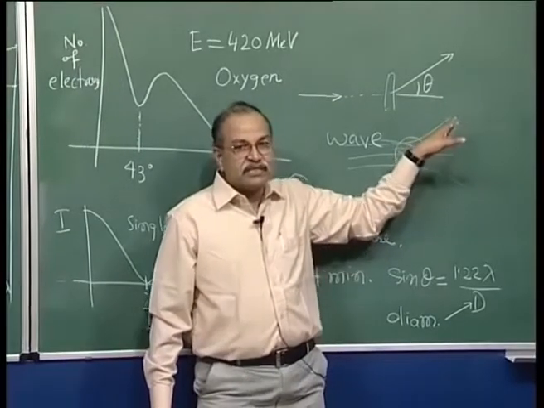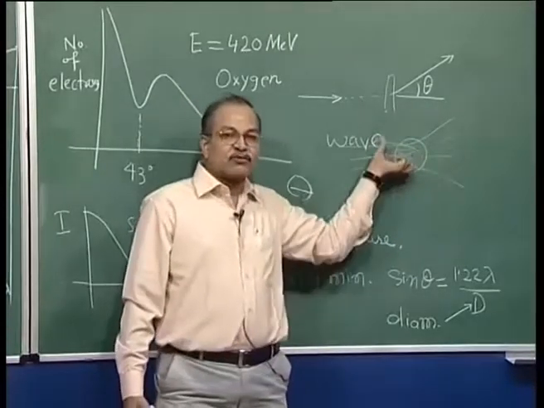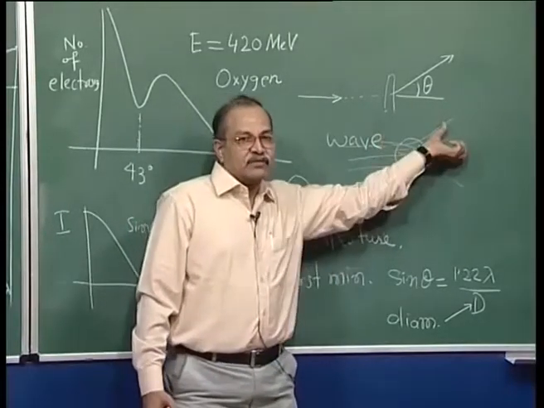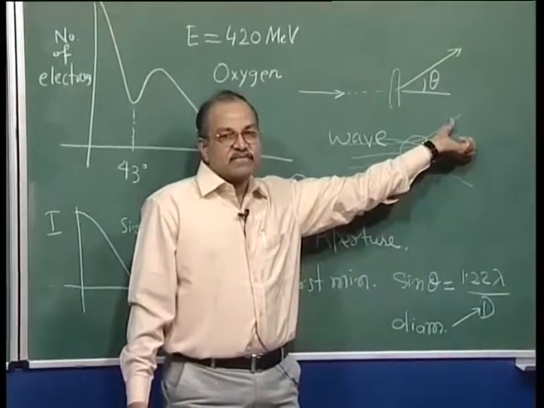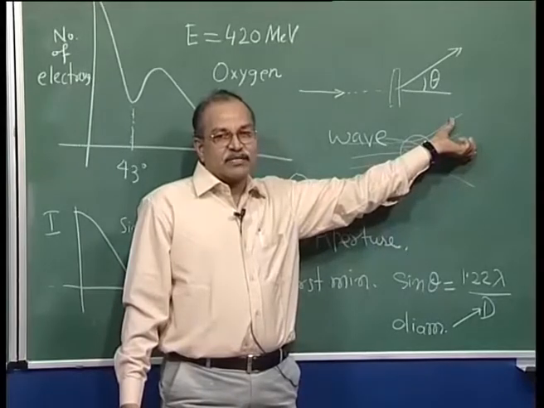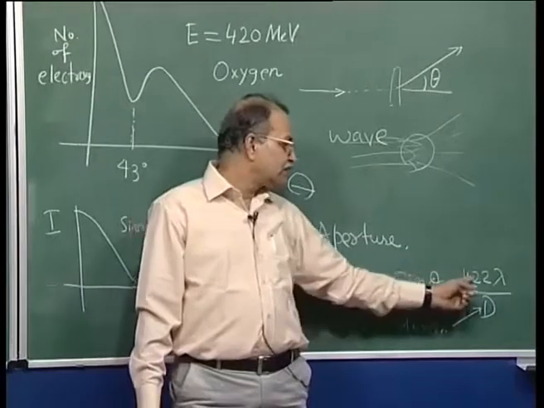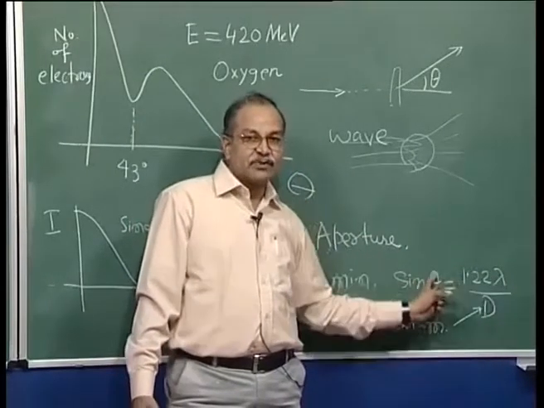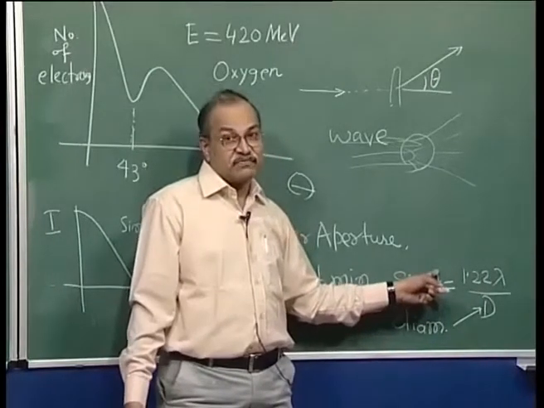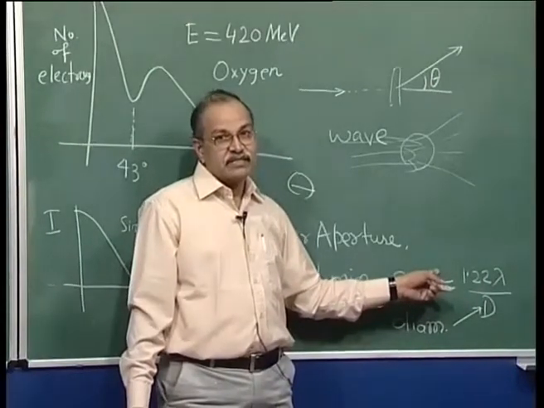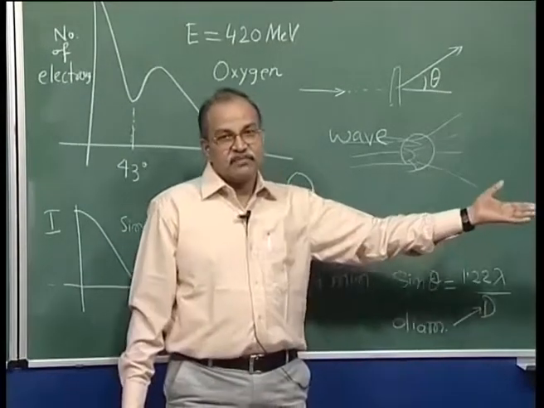So, if you consider this as providing you a circular aperture through which the electron waves can go and interfere, and then on the other side you can find the intensity, that means number of electrons as a function of theta, you can expect that at this particular theta where sin theta is 1.22 lambda by d, you will have destructive interference of electron waves and the intensity will drop, and similarly the second minimum and third minimum and so on.